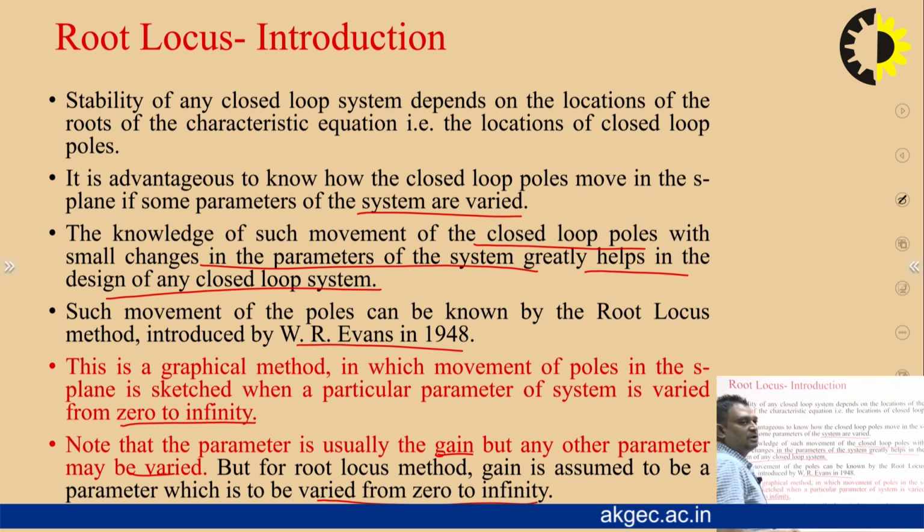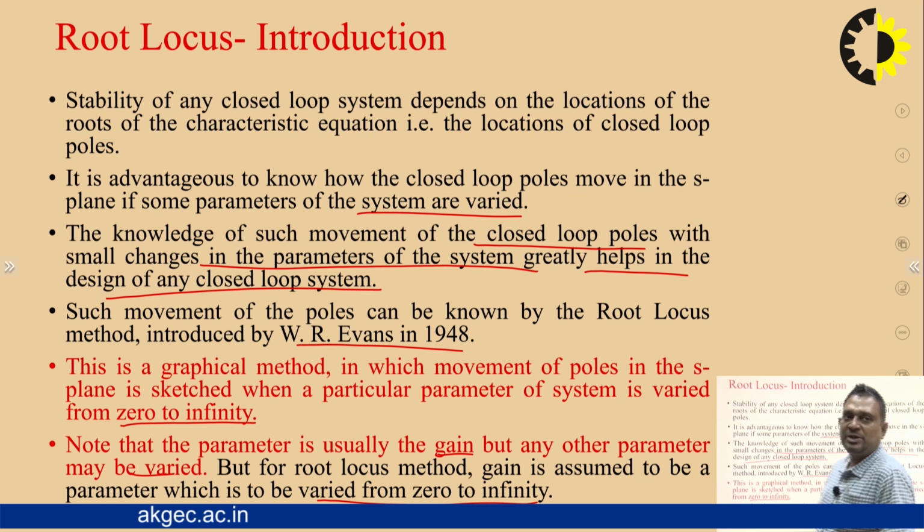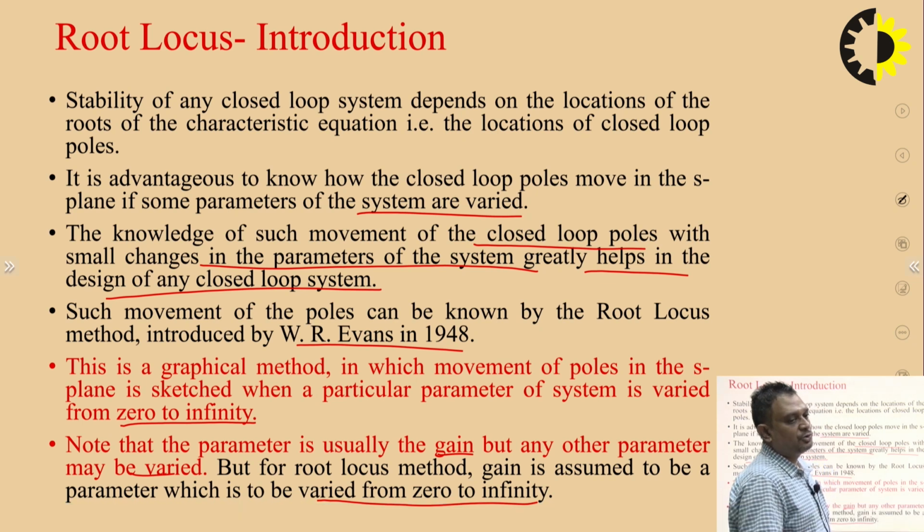So we take the open loop gain K as the parameter to obtain the root locus. Locus means that when you change the open loop gain K, all the roots of the characteristic equation start moving, and we have to sketch the movement of the roots; that is the root locus.